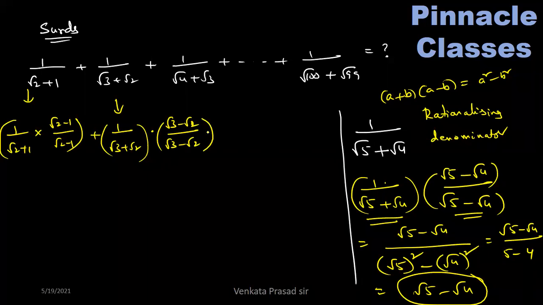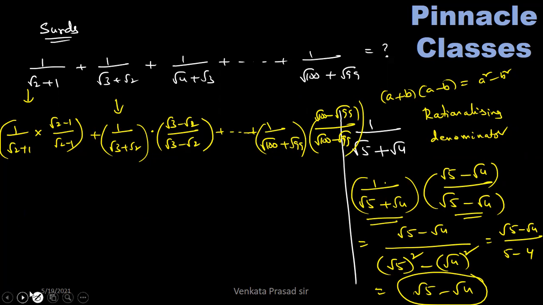Like that. Similarly, continue this process. What is the last term? 1 by root 100 plus root 99 into root 100 minus root 99, that is the answer.